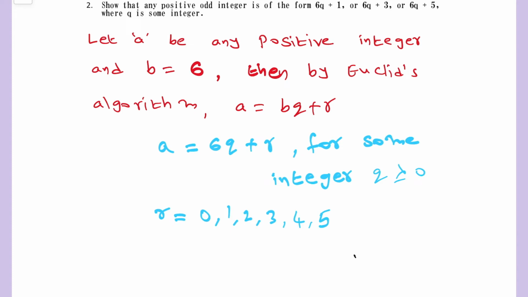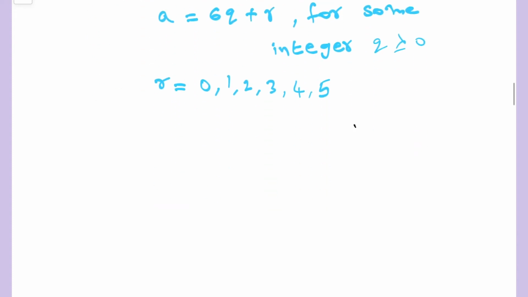Now what we need to do is, these remainders one by one we need to substitute in the formula. Our Euclid's division formula is a equals bq plus r. So a is some unknown number, keep it like that only, equals b, which we know as 6 in the question itself, so 6q plus remainder, one by one I am substituting now.